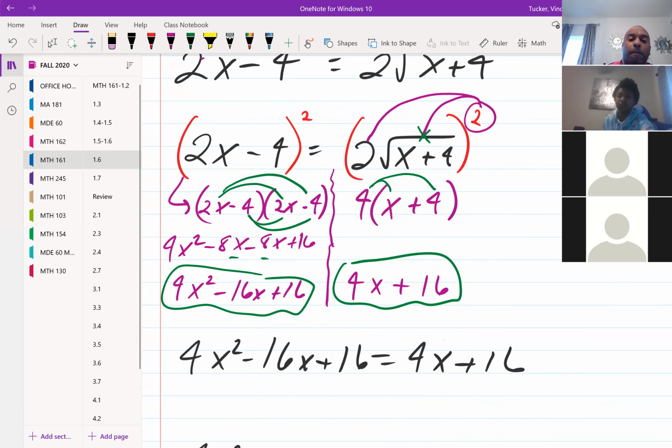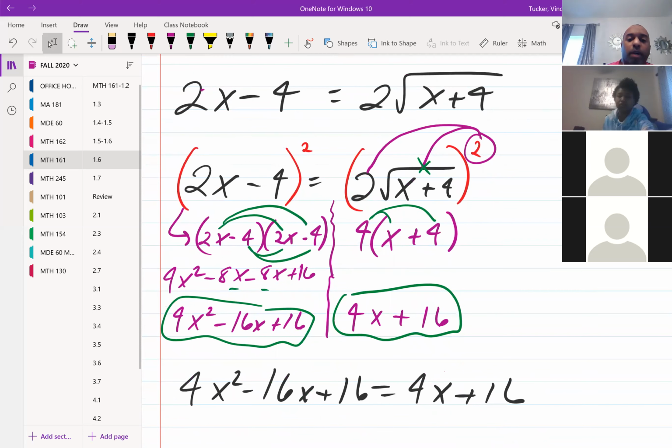Can you talk through the FOIL one more time? 2x times 2x, and then 2x times negative 4, and negative 4 times 2x, and negative 4 times negative 4. So that's how we get 4x squared minus 8x, minus 8x, plus 16. And then you add your middle terms: negative 8x and negative 8x will give you negative 16x.